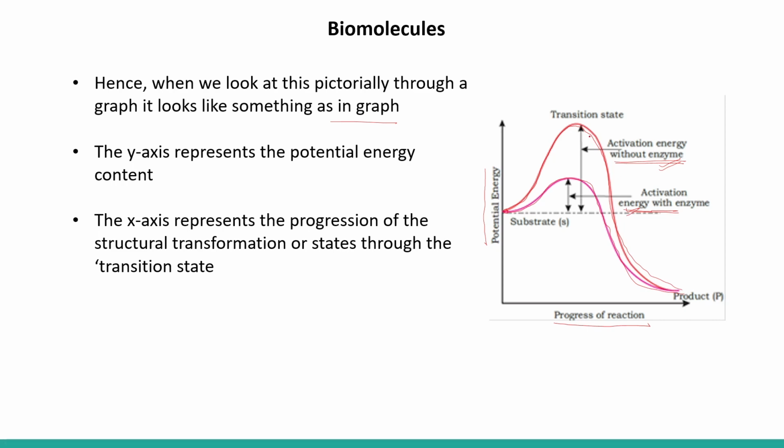So this is called the transient state, and this is the activation energy required without enzyme catalysis, and this is the activation energy with it. Now you can see how much energy is required. The y-axis represents the potential energy content, and the x-axis represents the progression of the structural transformation through the transient state.